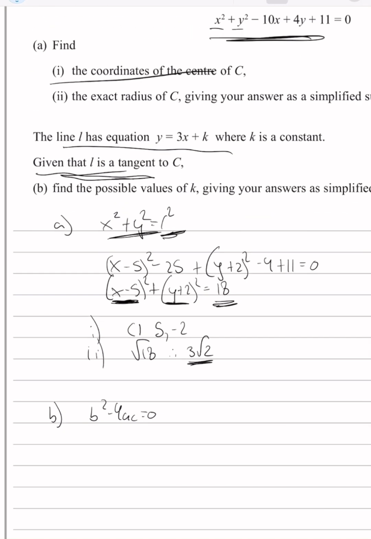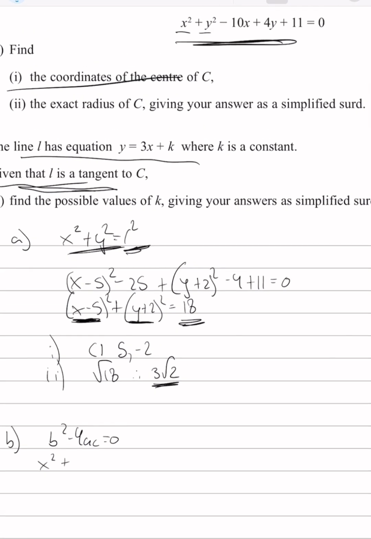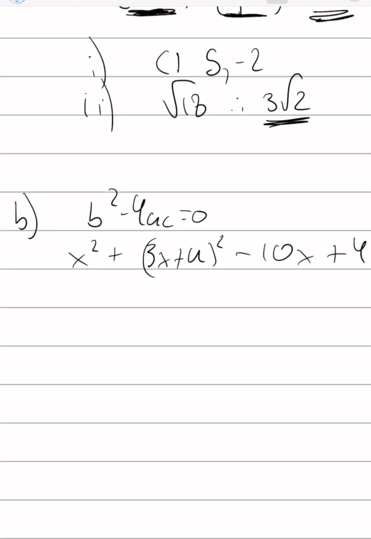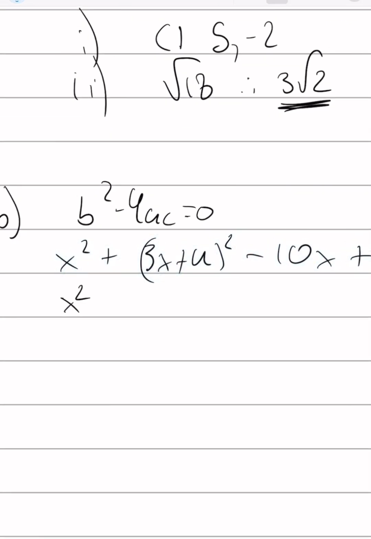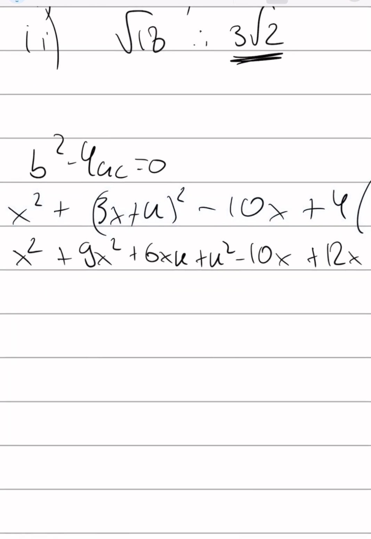So if we solve those two simultaneously, we will get this. Therefore, by simplifying, we get minus 10x plus 12x plus 4k plus 11 equals 0.